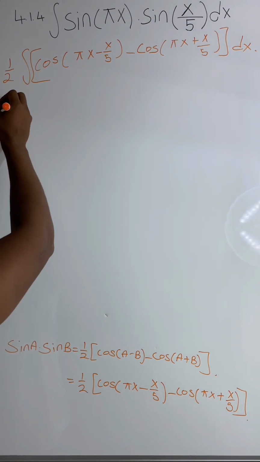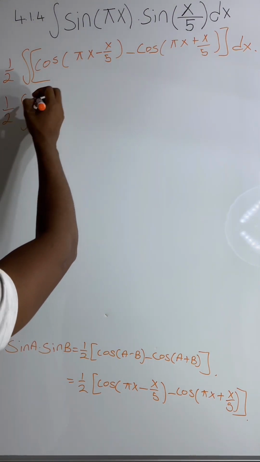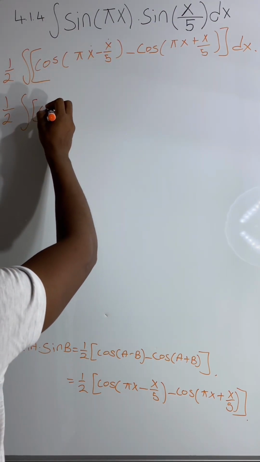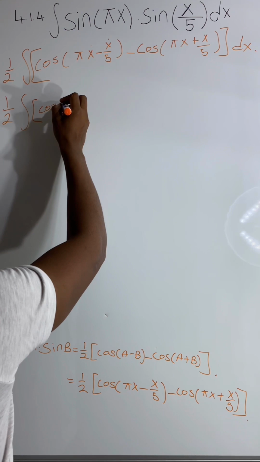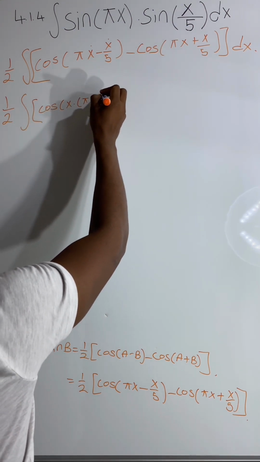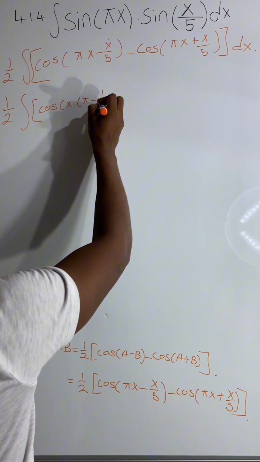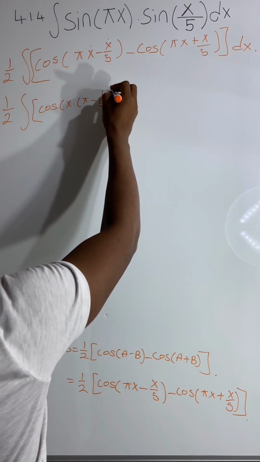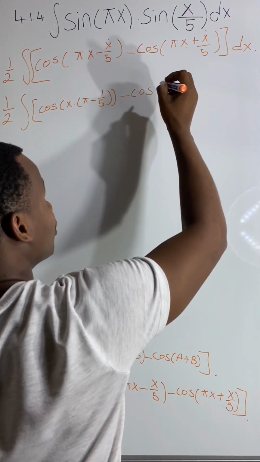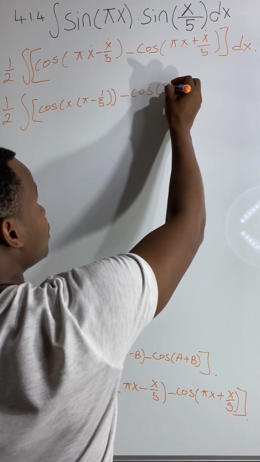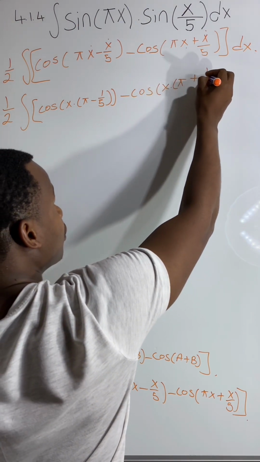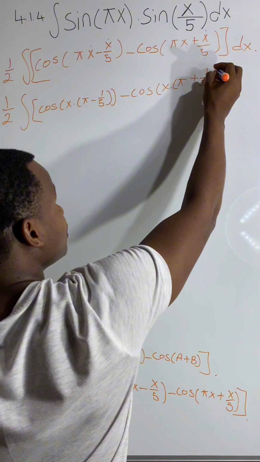And from here we can take our x as our common factor. So we have cos of x multiplied by pi minus 1 over 5, minus cos, and also we take our x as our common factor, x multiplied by pi plus 1 over 5.